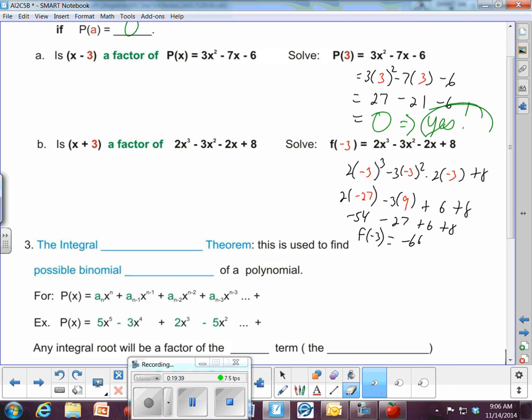Is it a factor? Yes or no? Just looking for a yes or no answer here.